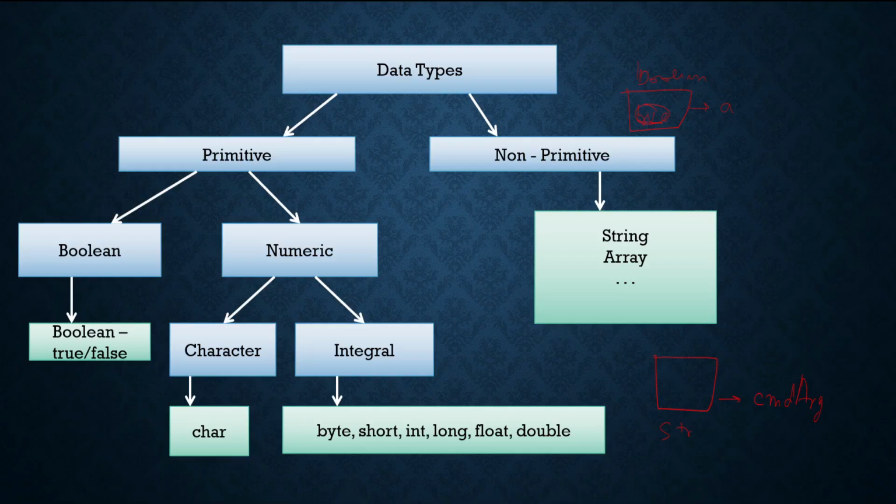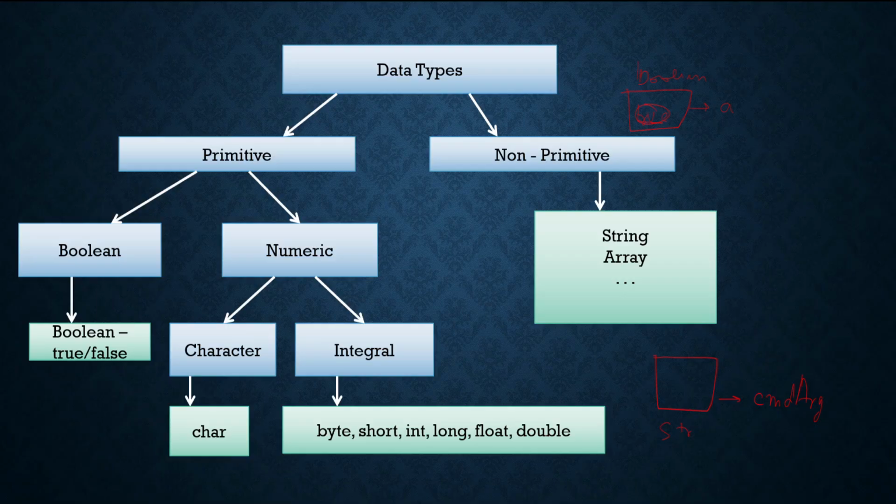We have understood the data types. There are two types of data type: primitive and non-primitive. Boolean and numeric come under primitive, and under numeric, character and integral. In non-primitive, there are string, array, and many more. We will understand it later on; it's a later topic. Today we have understood clearly about Boolean concepts.